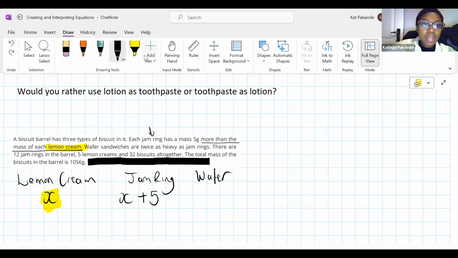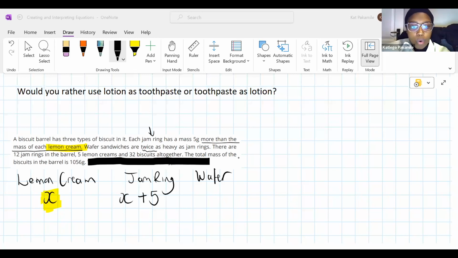And then we move on and it says, the wafer sandwiches are twice as heavy as the jam rings. Tell me what twice means. When you see the word twice, what do we do in our equation? Thank you, Tammy. Twice means multiply by 2. What are we multiplying by 2?